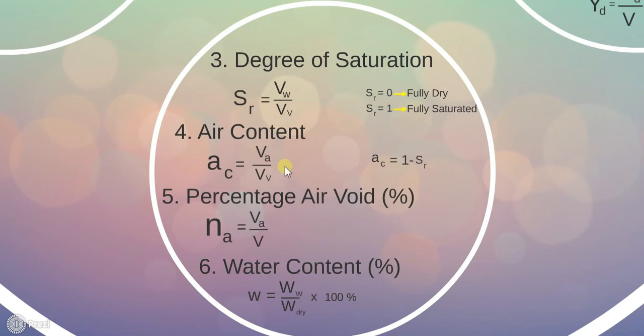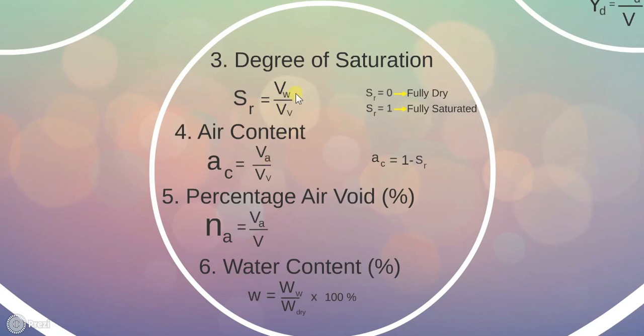Now, degree of saturation and air content are complementary functions of each other. How? We know that volume of voids Vv is equal to volume of air plus volume of water.